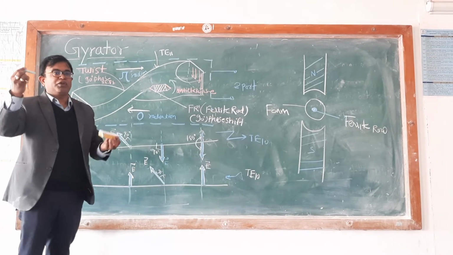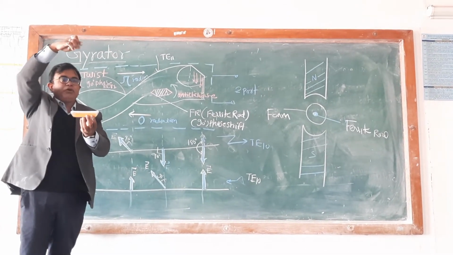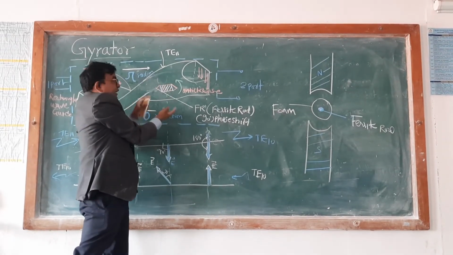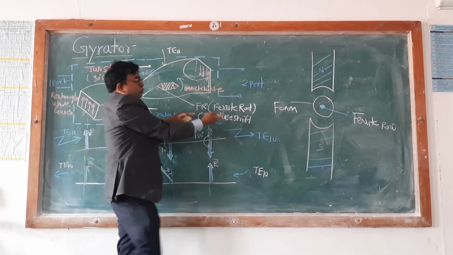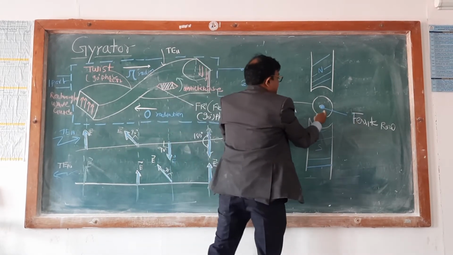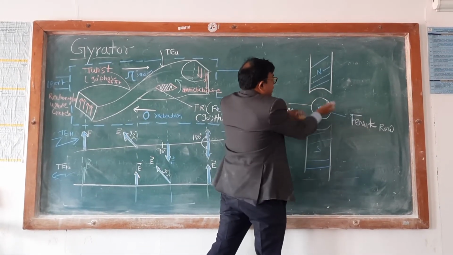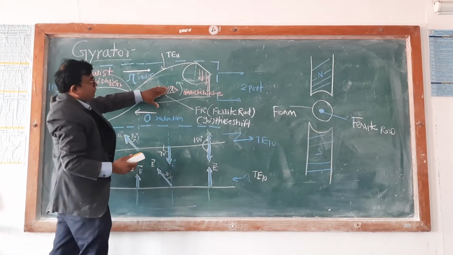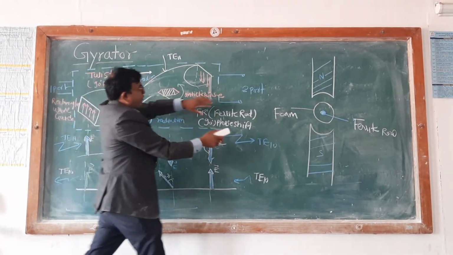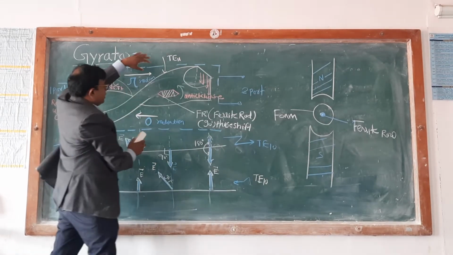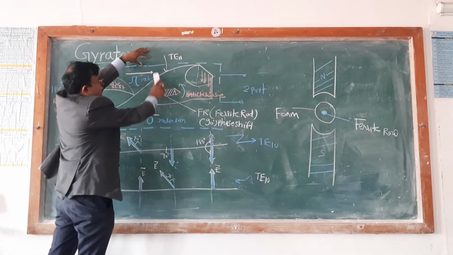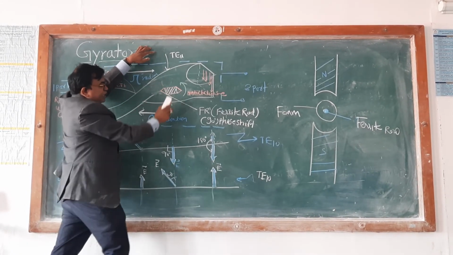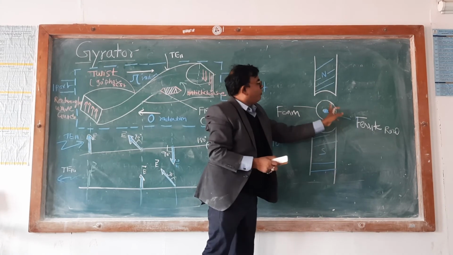If you place it in the magnetic field, then only it will move. The ferrite rod moves because of the north and south poles of the magnetic field. So we keep a permanent magnet with north and south poles here, so that the ferrite rod rotates anti-clockwise. And this is nothing but the foam.